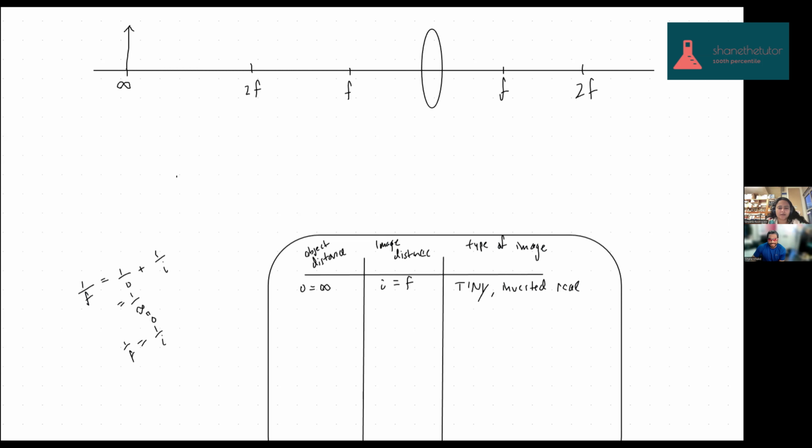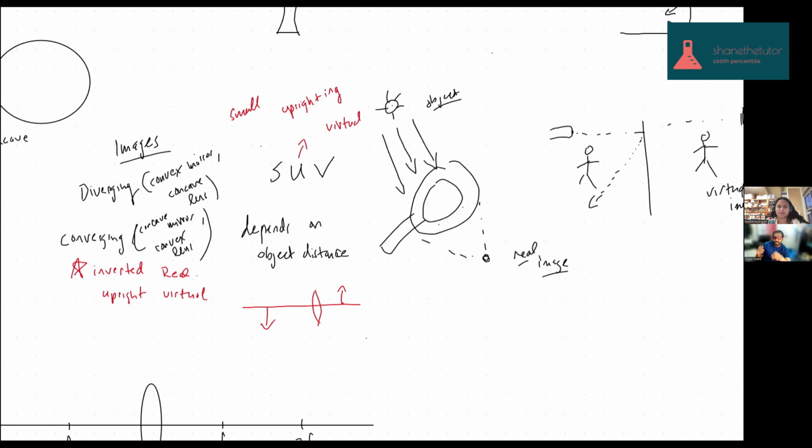Intensity is inversely proportional to the area, so as the area gets smaller, the intensity gets larger, which is why this really tiny real image would have high enough intensity to burn leaves and stuff.